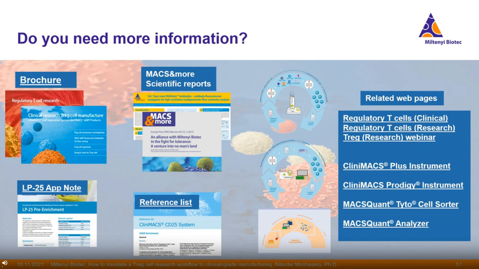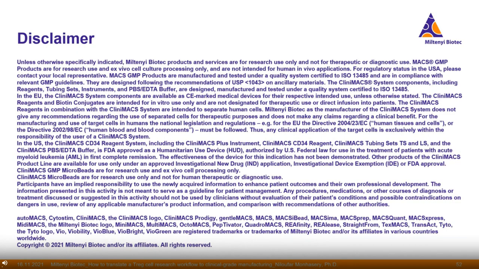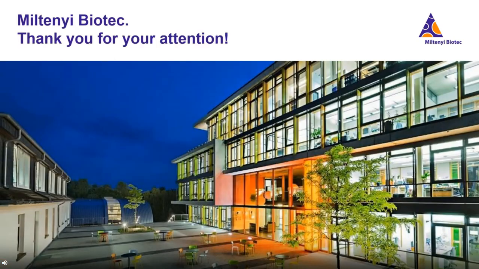And don't hesitate to contact us, the local team and global team, directly to get more information on each step of your workflow. And with this, I would like to finish my talk and say that I'm so thankful for your attention, your participation, and I'm waiting for your feedback and your questions. Again, thank you so much for your attention, and I'm ready to answer your questions.